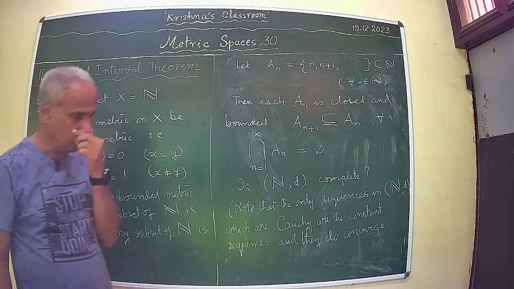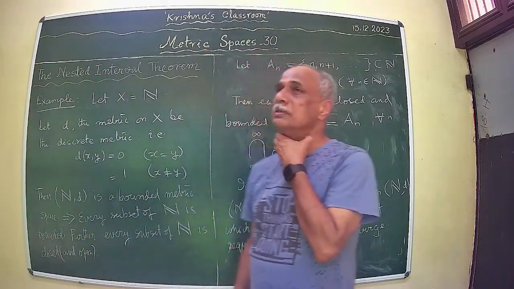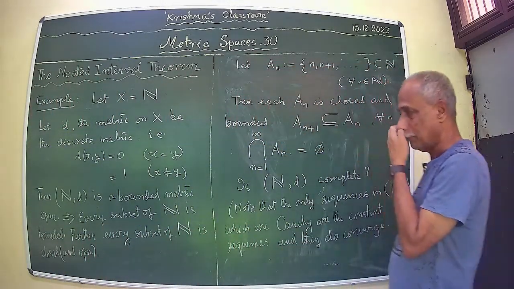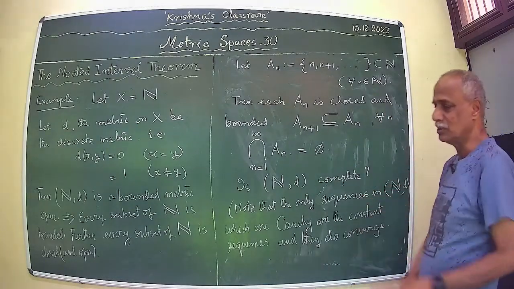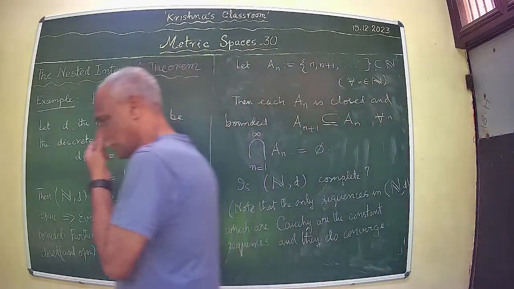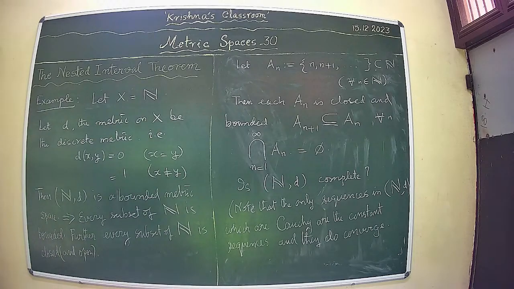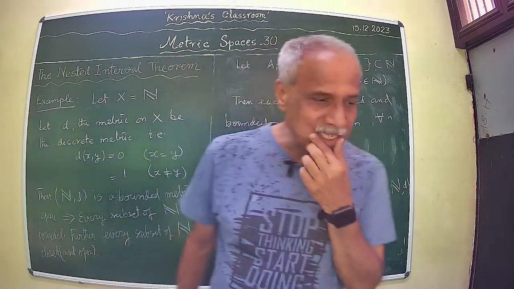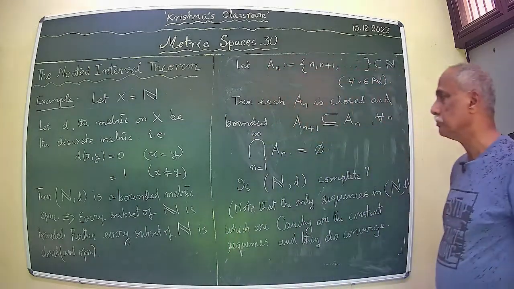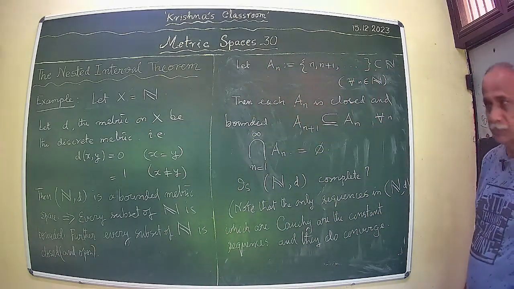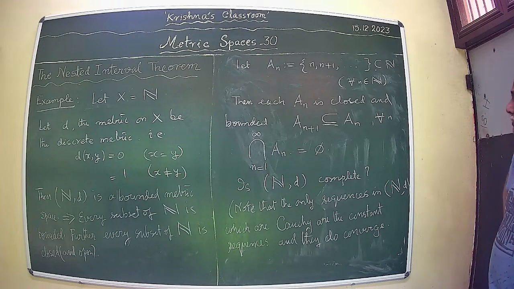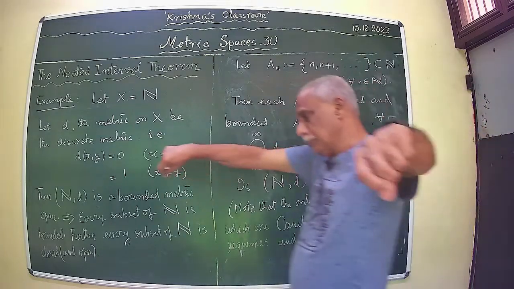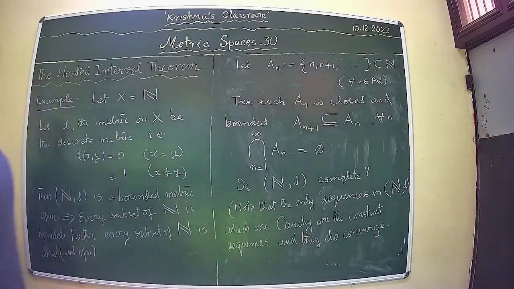So how do we possibly get the sequences Cauchy? One of the further assumptions that we can make is possibly this: for each of these sets you have what is called the maximum distance in the set, because they are bounded subsets.